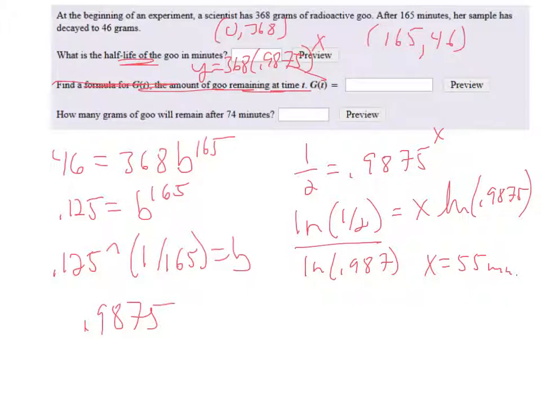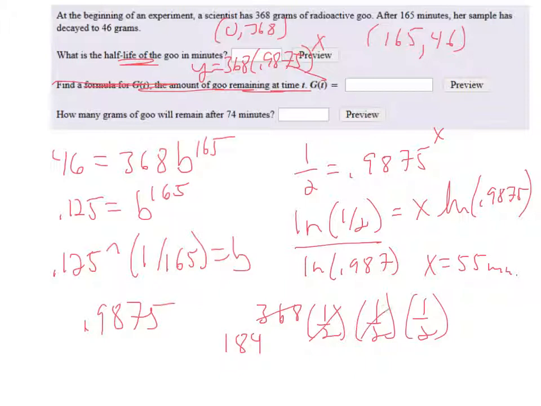I'm just trying to make sense of this. Half of 368, another half-life, another half-life. So dividing by 2 is 184. Divided by 2 again is going to be 92. Divided by 2 again is 46, so that checks.